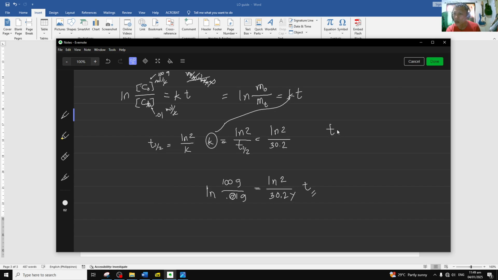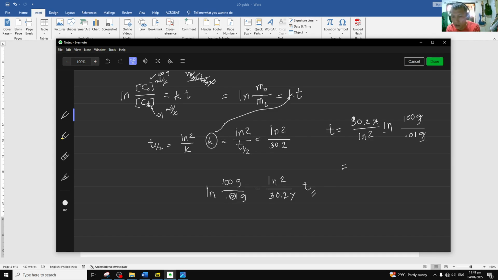Therefore, t is equal to 30.2 years all over ln 2, multiplied by, again this is algebra, ln of 100 grams all over 0.01 gram.